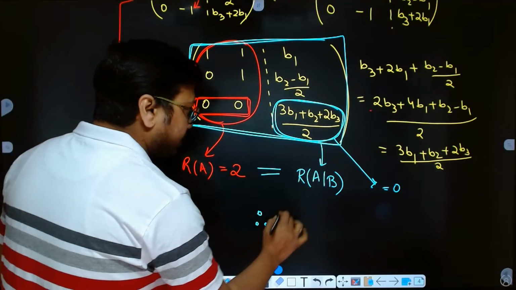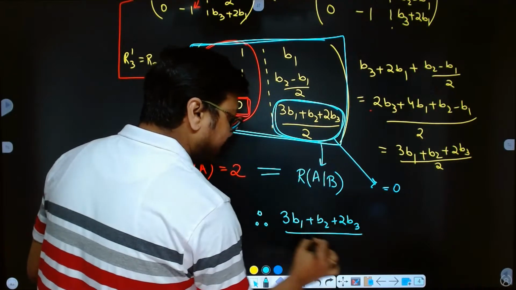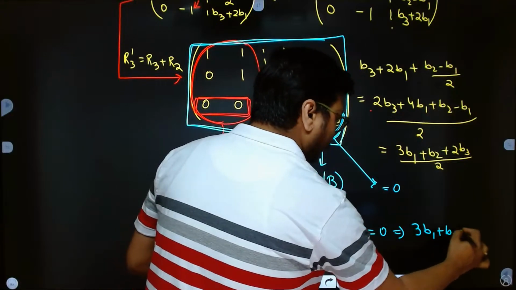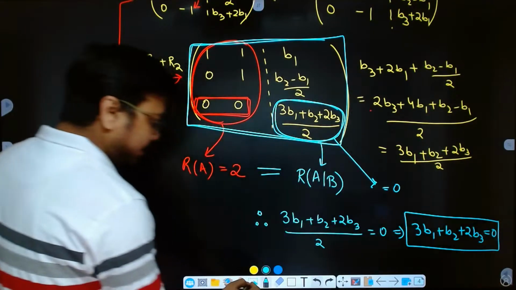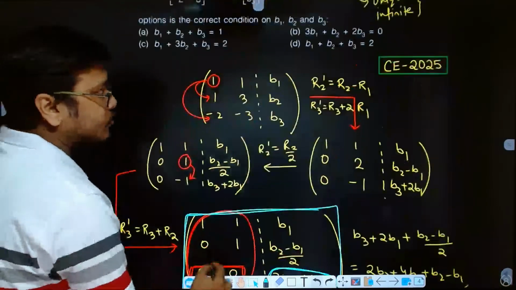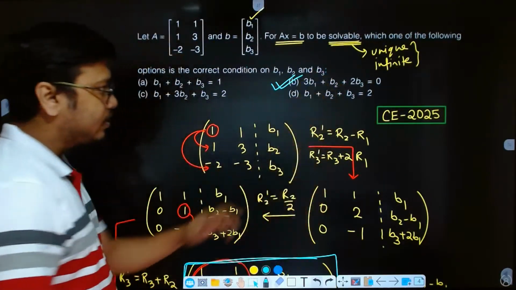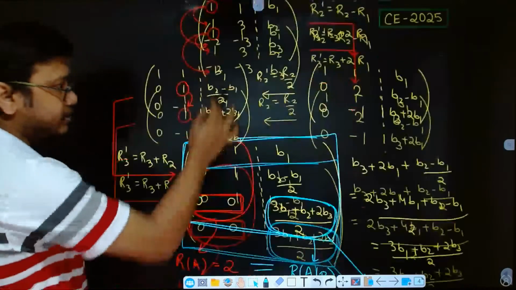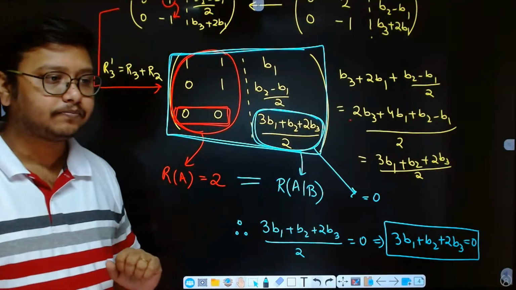So 3B1 plus B2 plus 2B3 upon 2 has to be 0, which means 3B1 plus B2 plus 2B3 has to be 0. If we now look at the options, this is given in option B: 3B1 plus B2 plus 2B3 equal to 0, which is our option B right over here.